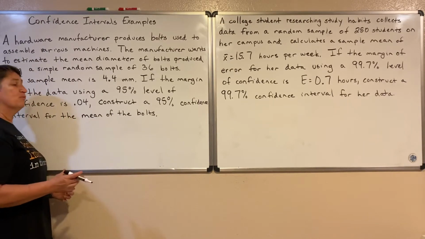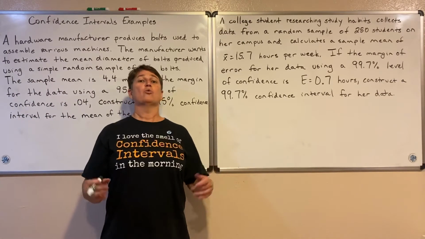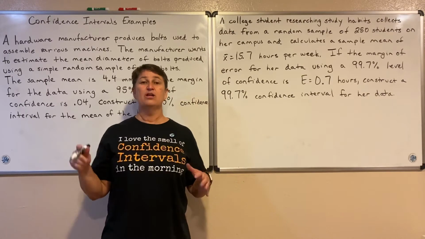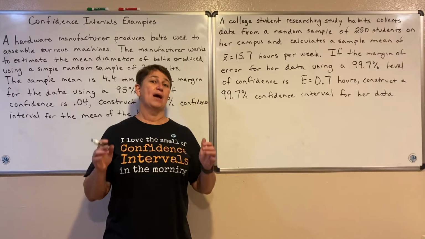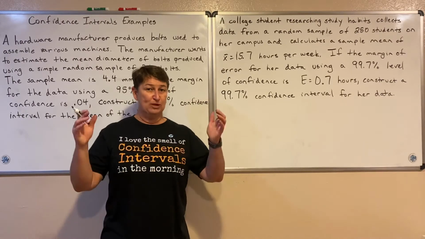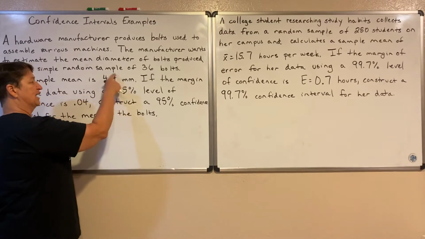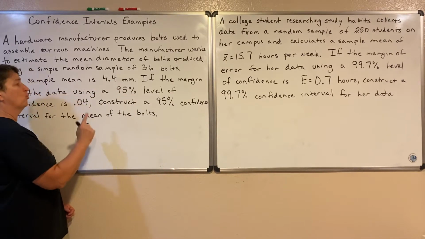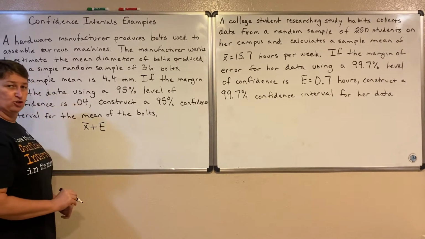So we're going to create this interval where we're going to say, well, we know, based upon what we found, with 95% confidence that the parameter, that population mean, falls between these two numbers. And the way we're going to do that is we're going to take our sample mean, and add our margin of error to it.